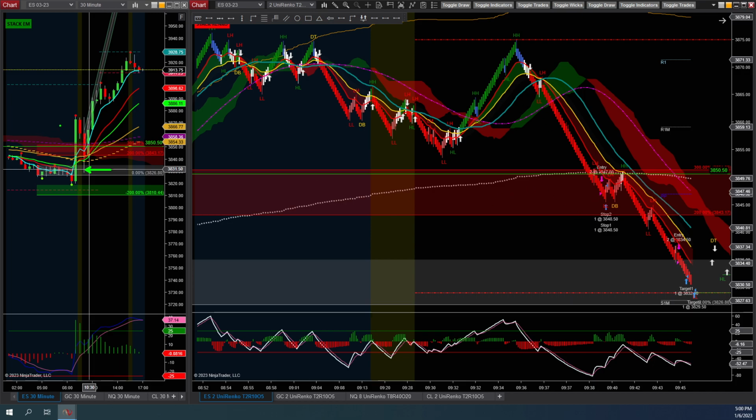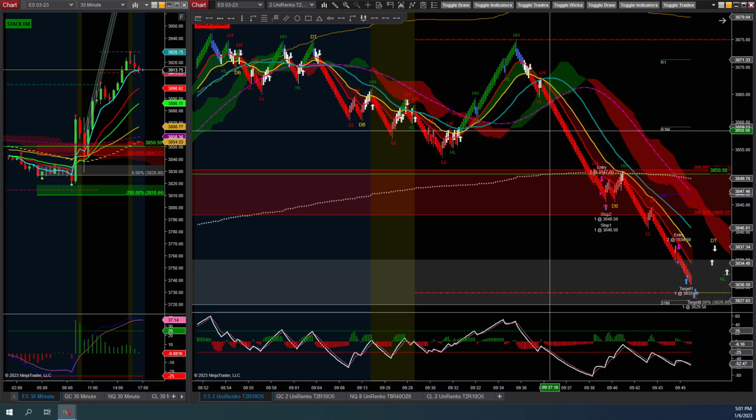But that move that you see there is this one here. So there's no actual entry here, other than if you want to take that pivot, and since it was crossing in this area, I'm sorry, it was crossing in this area to the downside, it's risky, but it was a good entry here.